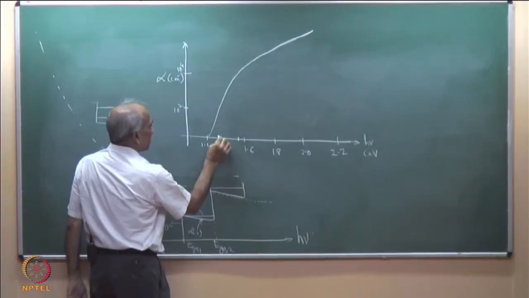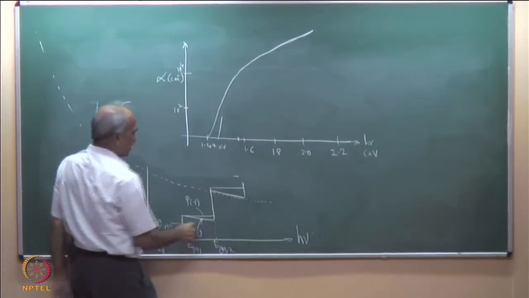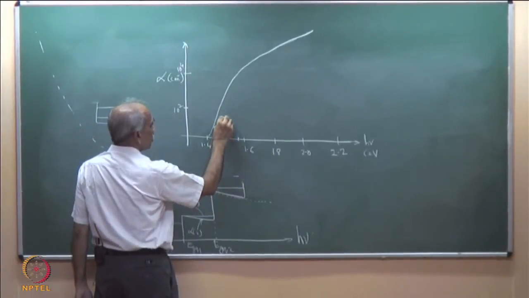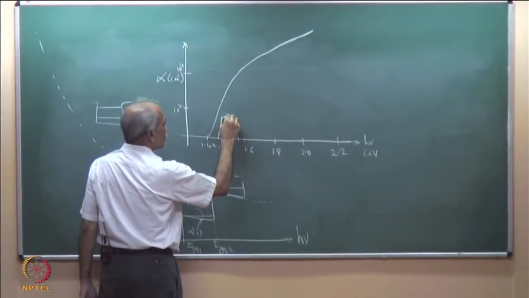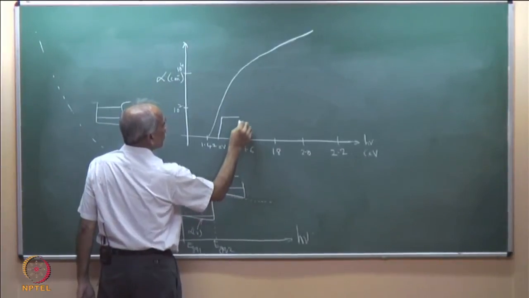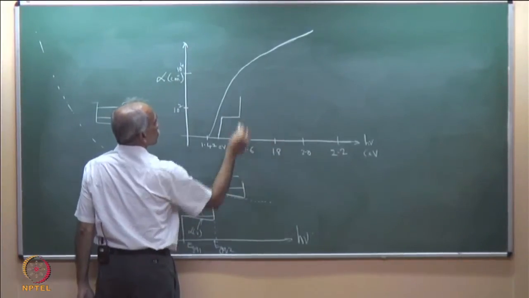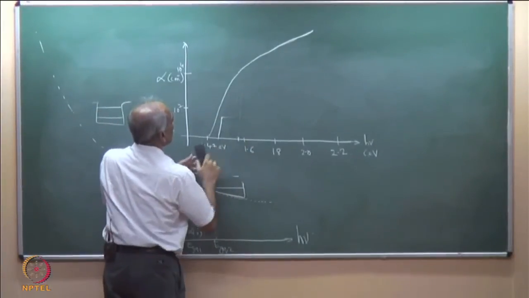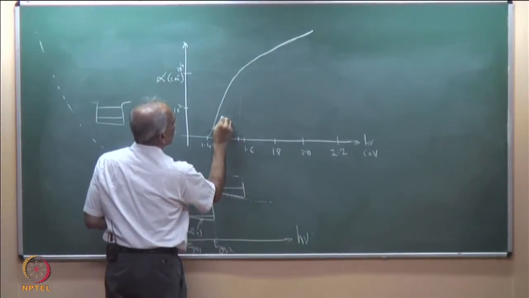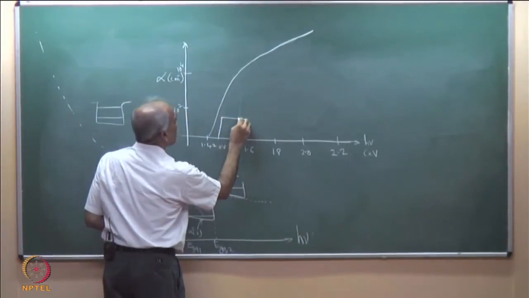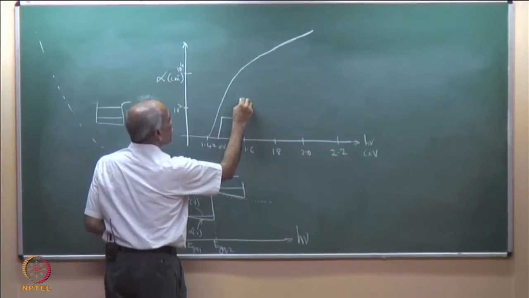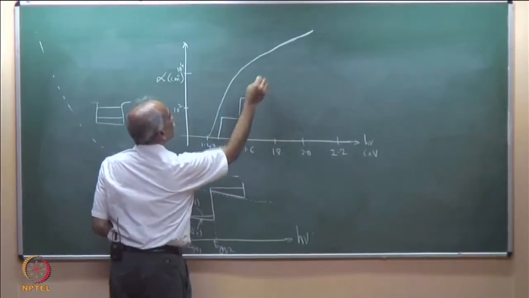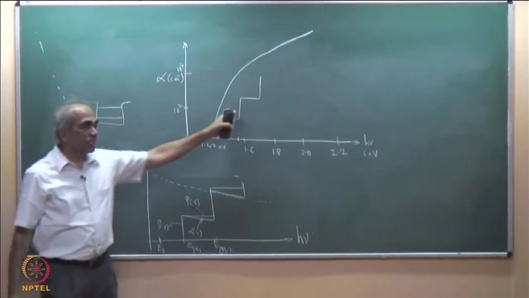We expect that this should go up like a step function, and then it becomes flat here and then again a step function a little bit downward. And you indeed see this when you measure. I will show you the measured spectrum, how that looks. So you expect a step-like variation.